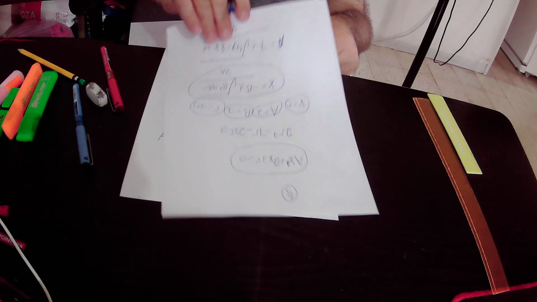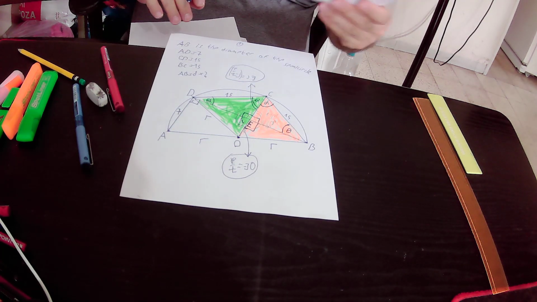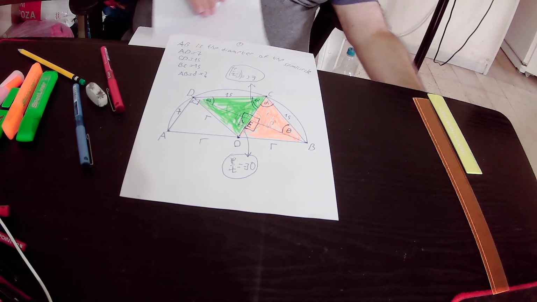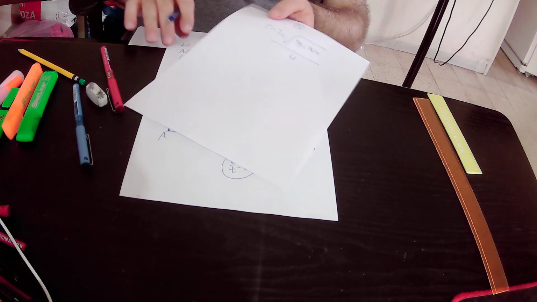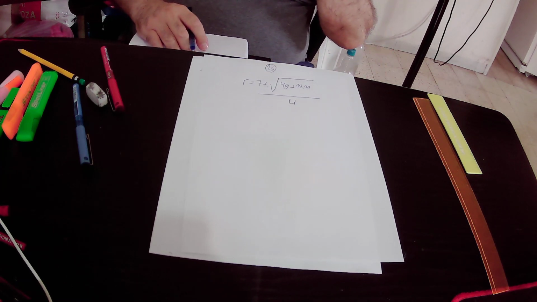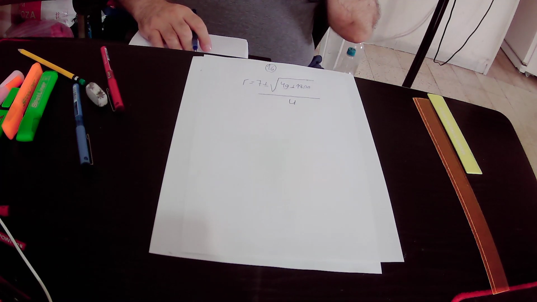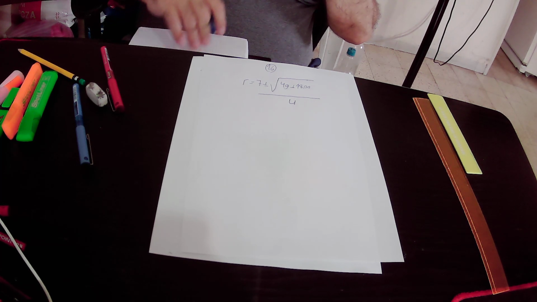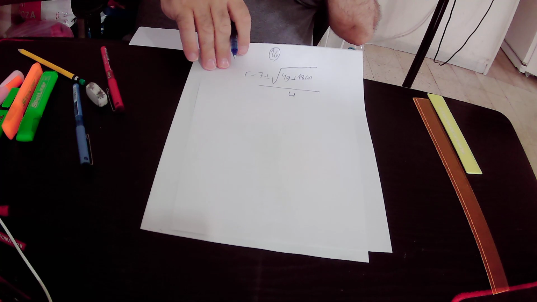So r equals 7 plus minus root of 49 plus 1800 over 4. 1800 plus 49 is 1849, so I write it now.